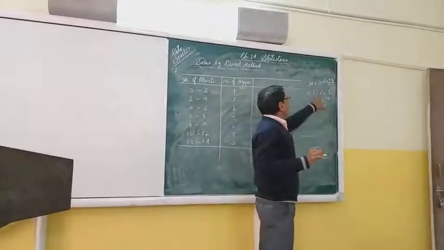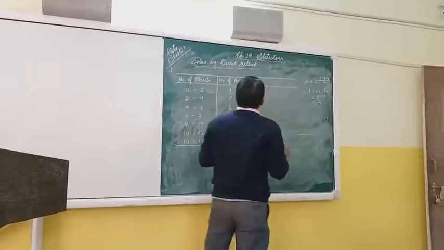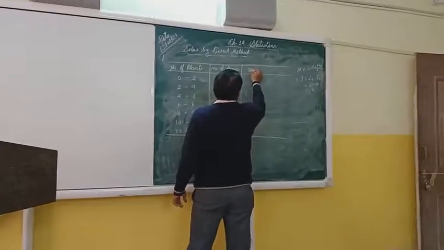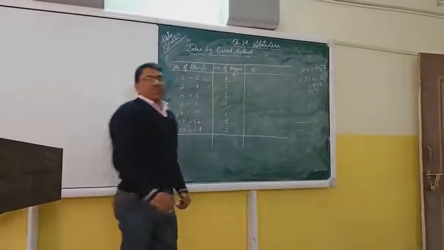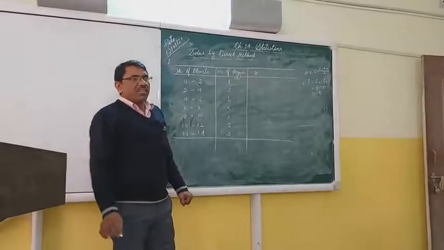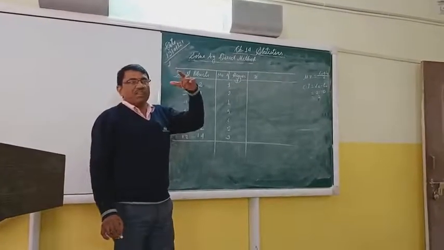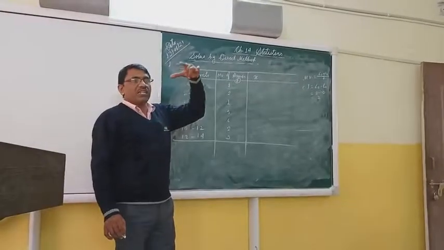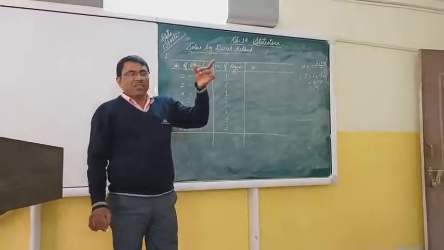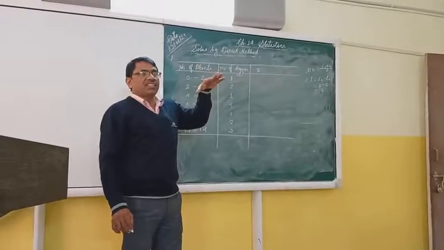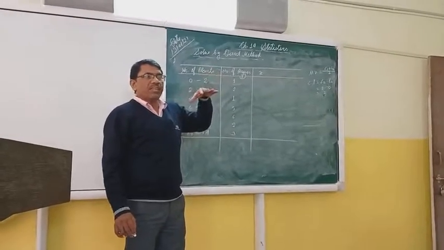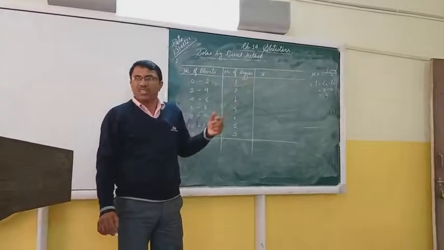And the mid value, we shall find the mid value first. That is x, or xi. Some books give xi and some give x. The standard rule is only x. In upper classes we shall see why we are using xi and fi, but in class 10 there is no need. But books are following fi and xi, so we are also following xi and fi.